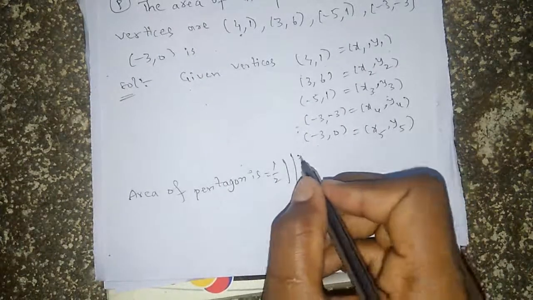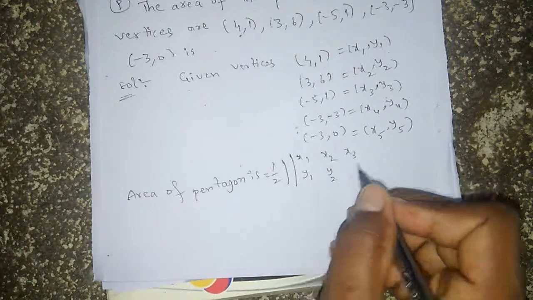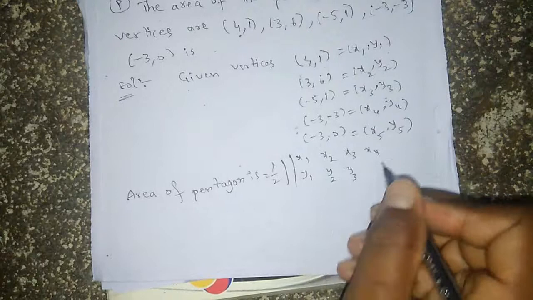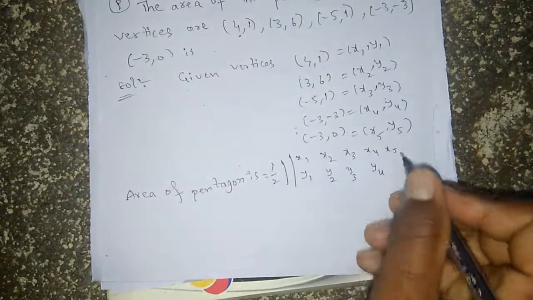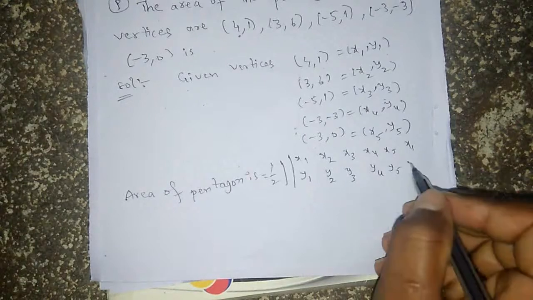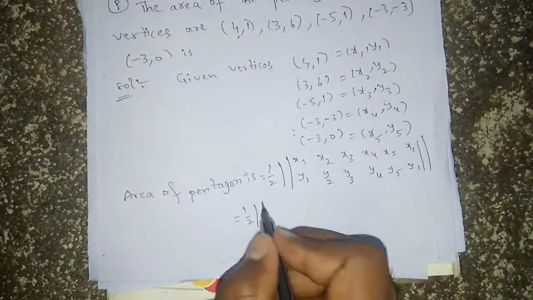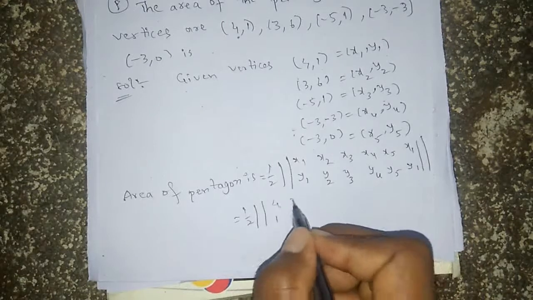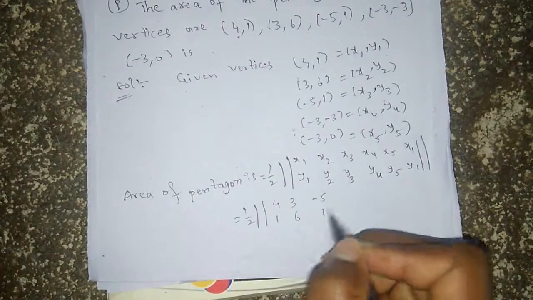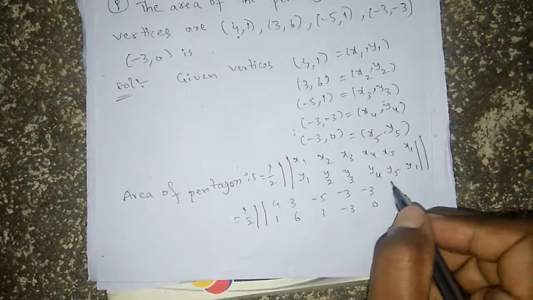1/2 of |x1 y1; x2 y2; x3 y3; x4 y4; x5 y5; x1 y1|. That is equal to half mod 4136 minus 51 minus 3 minus 3 minus 3041.